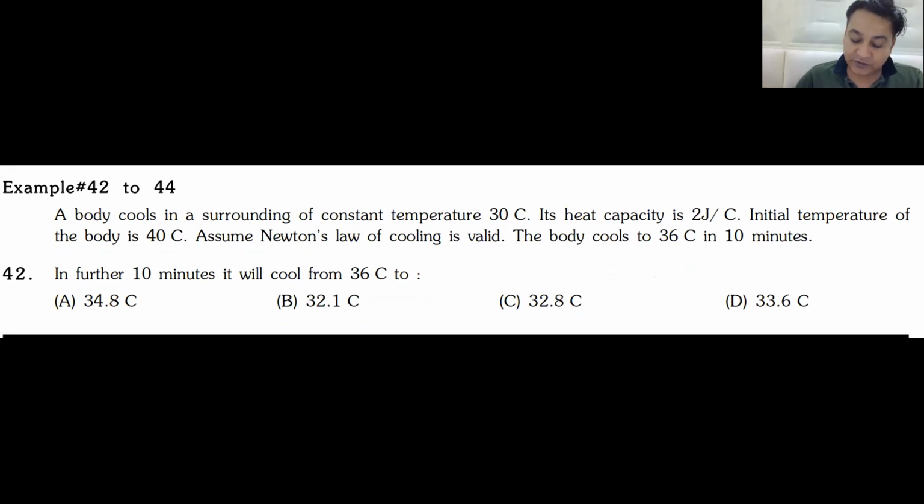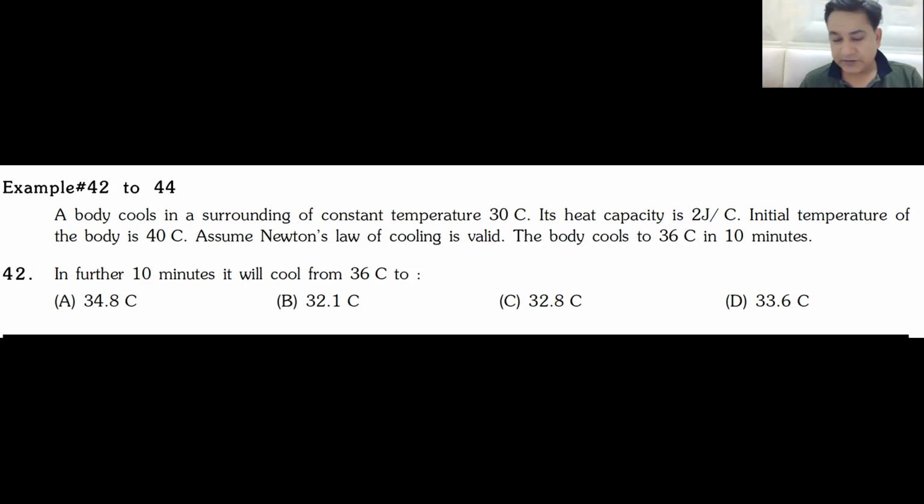Initial temperature of the body is 40 degrees Celsius. Assuming Newton's law of cooling is valid, the body cools down to 36 degrees Celsius in 10 minutes. In the next 10 minutes, will cool down from 36 degrees Celsius to how much? That is the first question. I hope you can get the answer for this one. Yes or no?